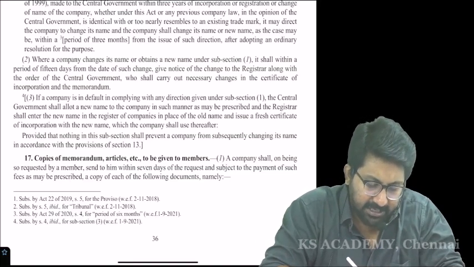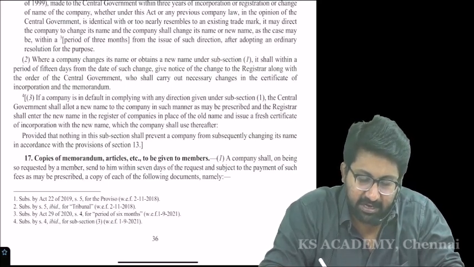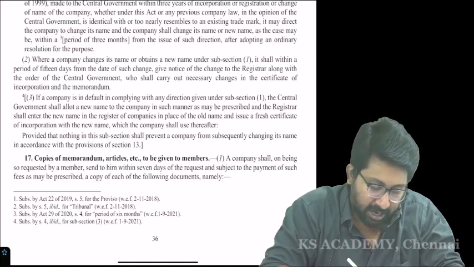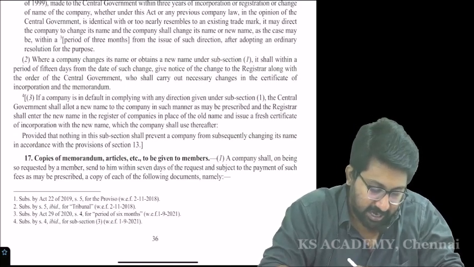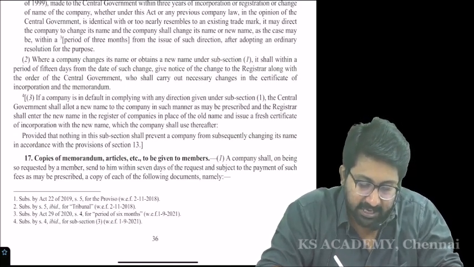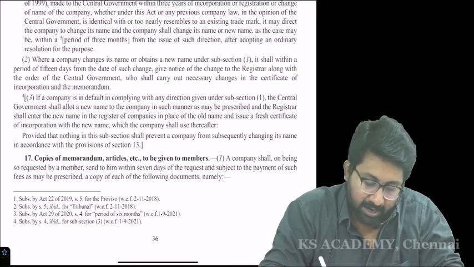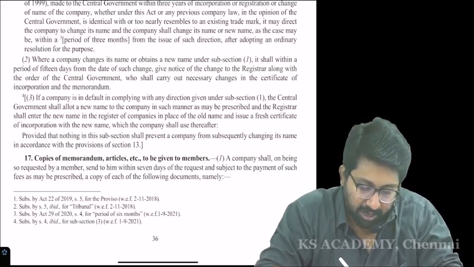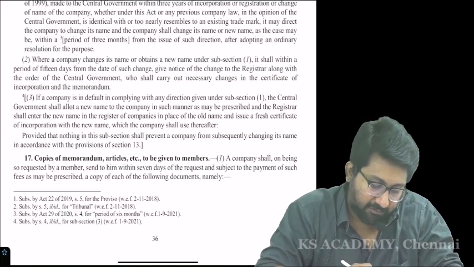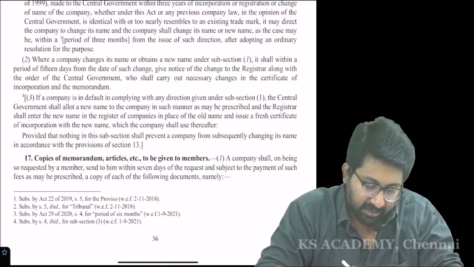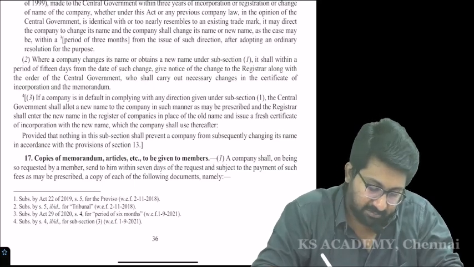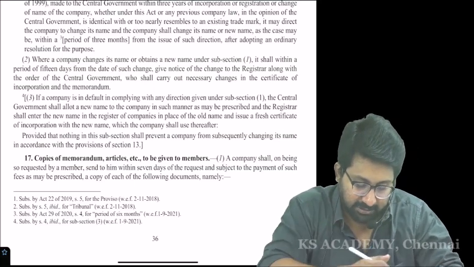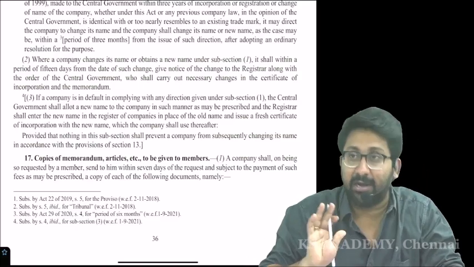If a company is in default in complying with any direction given under subsection 1, the CG shall allot a new name to the company in such manner as may be prescribed, and the registrar shall enter the new name in the register of companies in place of the old name, and issue a fresh certificate of incorporation with the new name, which the company shall use thereafter, provided that nothing in this subsection shall prevent a company from subsequently changing its name in accordance with the provisions of section number 13.